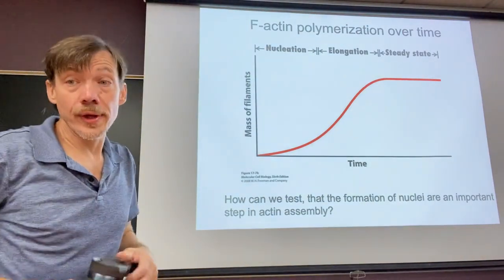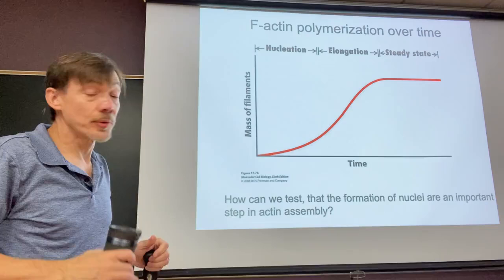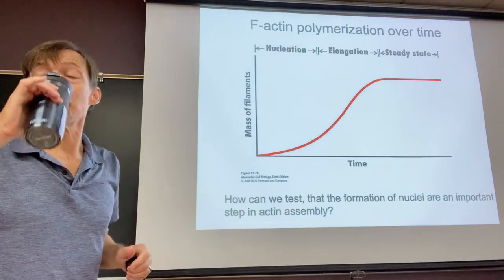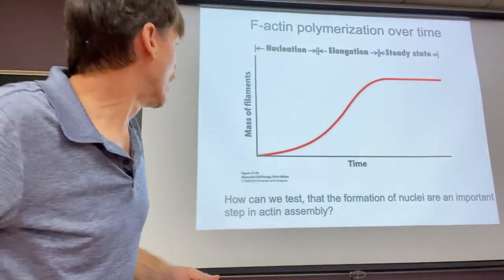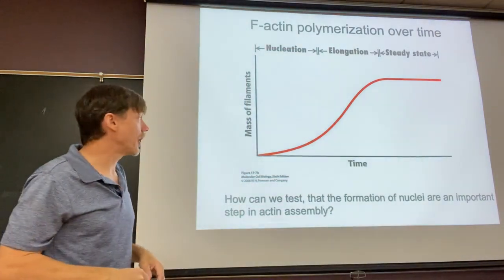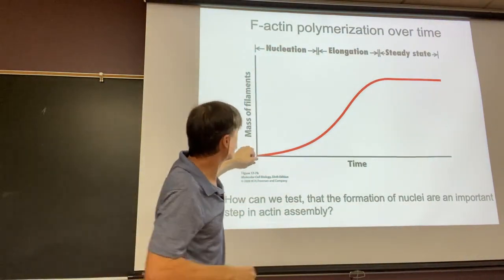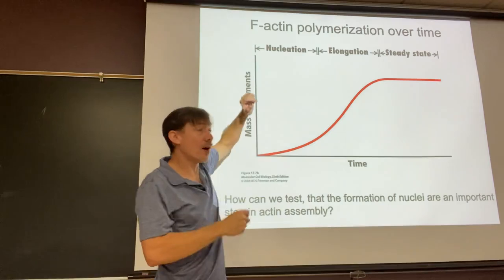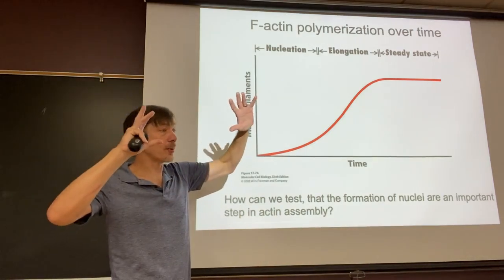So if we look at a graph of actin polymerization over time, you can see we've got the mass of actin filaments, and once again we're starting off with just a solution of soluble actin.